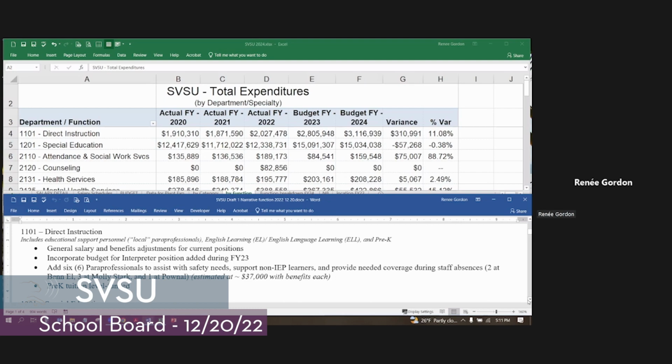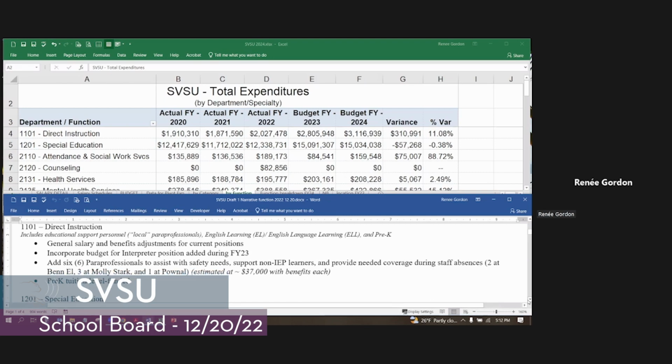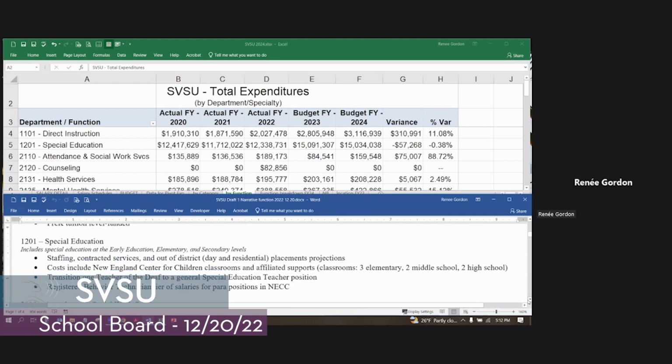The paras that are local in Arlington are included in their local budget. So in this category, we have the interpreter, as well as the 6 new paraprofessionals that were requested by the elementary principals. And we have level funded the pre-K tuition for next year.